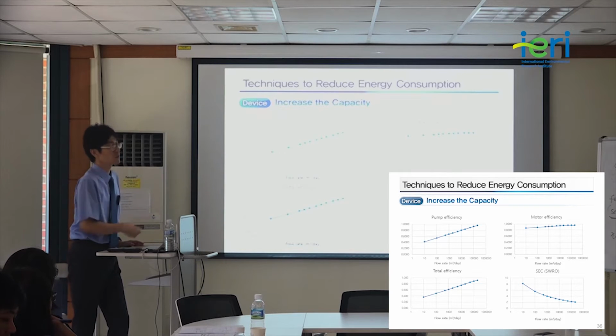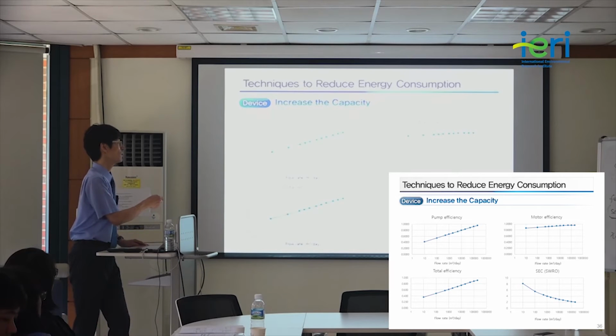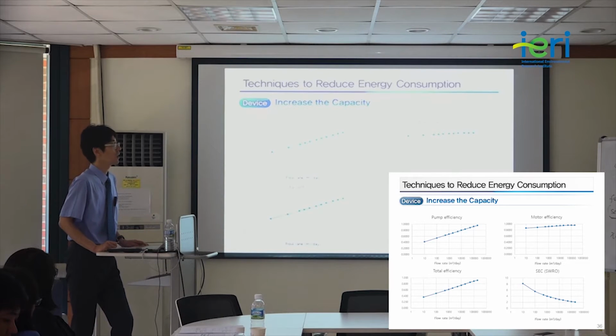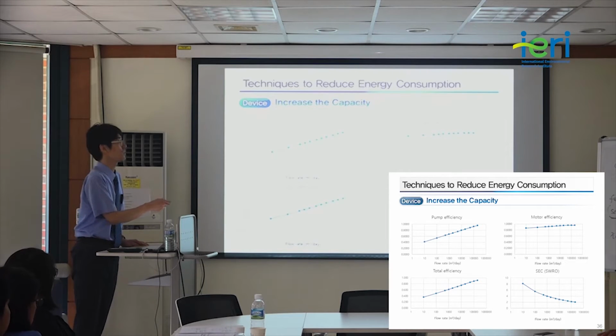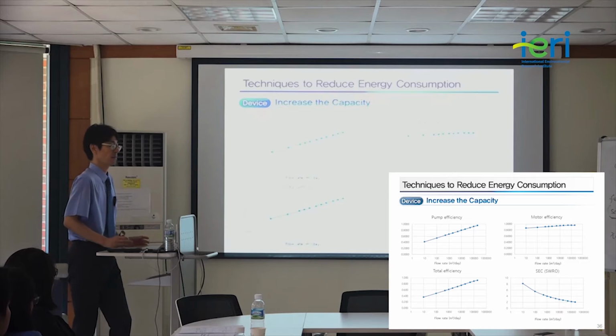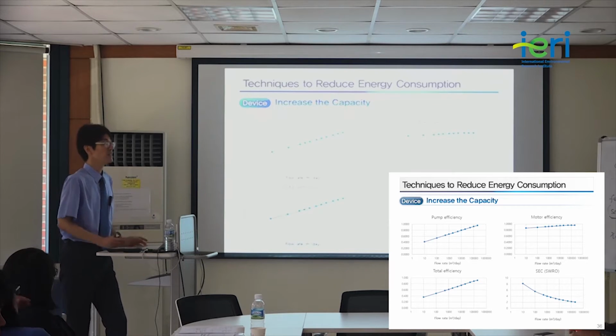In the case of motor efficiency, it's not as sensitive as the pump efficiency to the size of the pump or motor, but it still depends on the size of the device. So if you increase the size of a pump, the efficiency will increase.